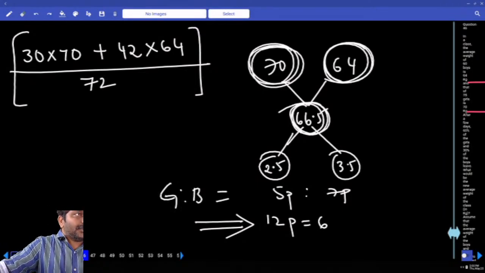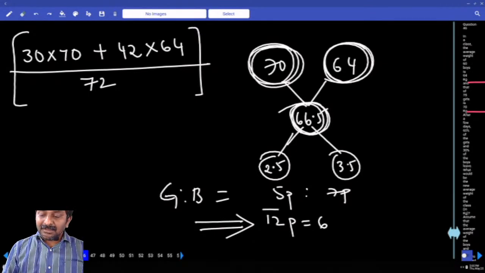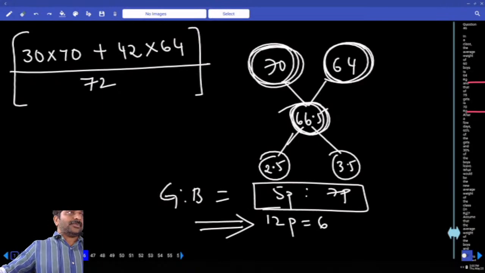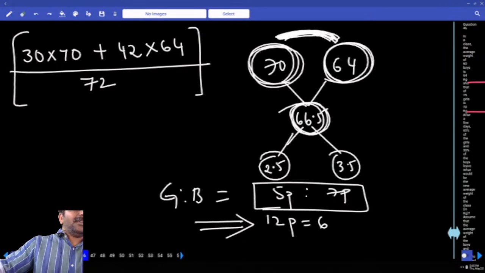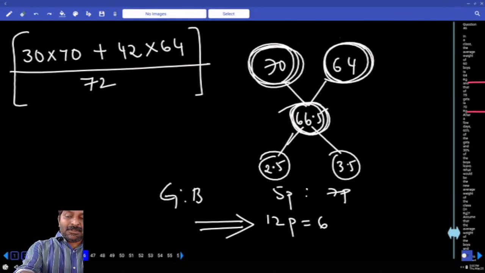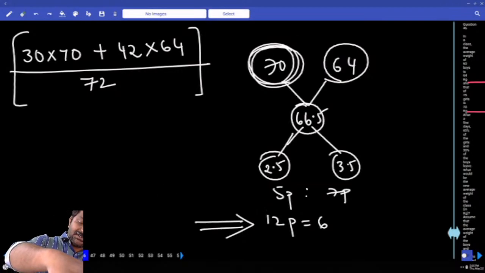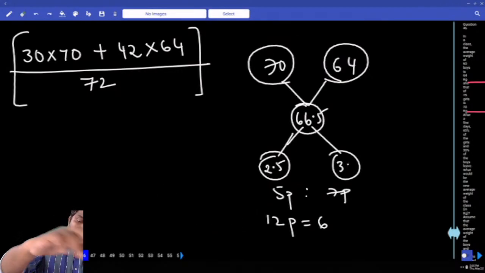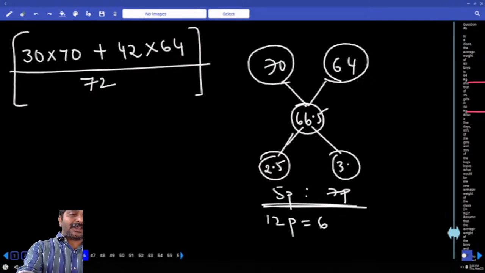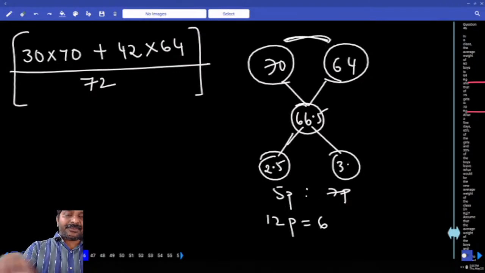30 to 42, that is 5 is to 7. So here the sum of these two parts of the ratio must be equal to the difference of the averages of boys and girls, 70 and 64. What is the difference? Total sum of number of parts is 12 parts. That must be equal to the difference.